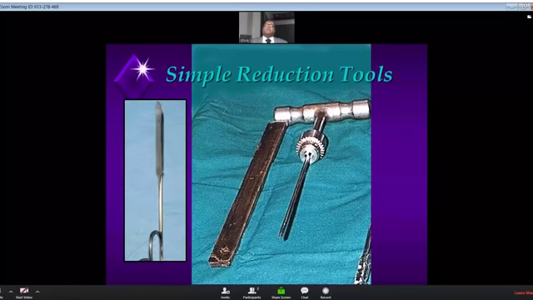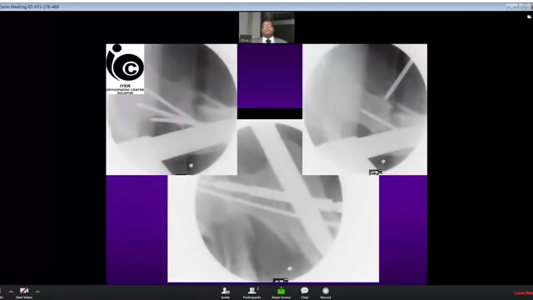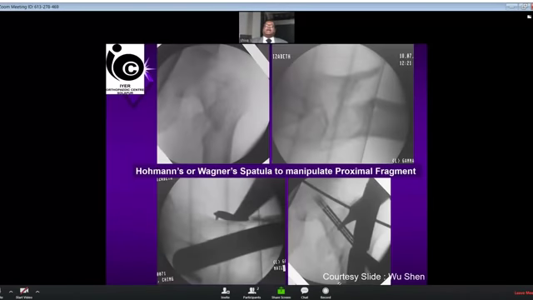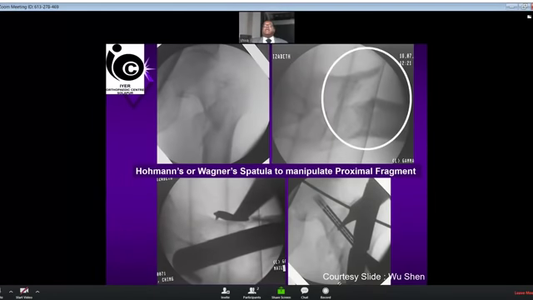These are some simple reduction tools. The most common I use is a Steinman pin on a T-handle chuck like this. Here you can see a neck on the left not properly reduced. The guide wire was not going properly. With a Steinman pin, I just pushed the neck down and aligned it in a better fashion. Another case, this is from Ocean, where you can see the neck is flexed in the lateral view.